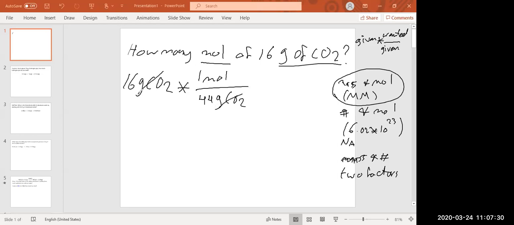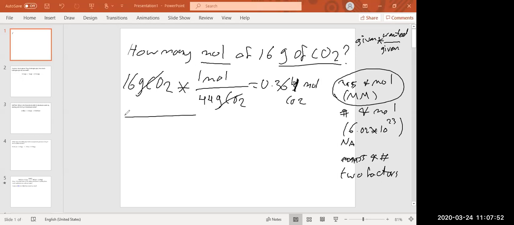Now let's do the math. So what do we have here? We have 16 divided by 44, and it will give us 0.364 mole CO2.